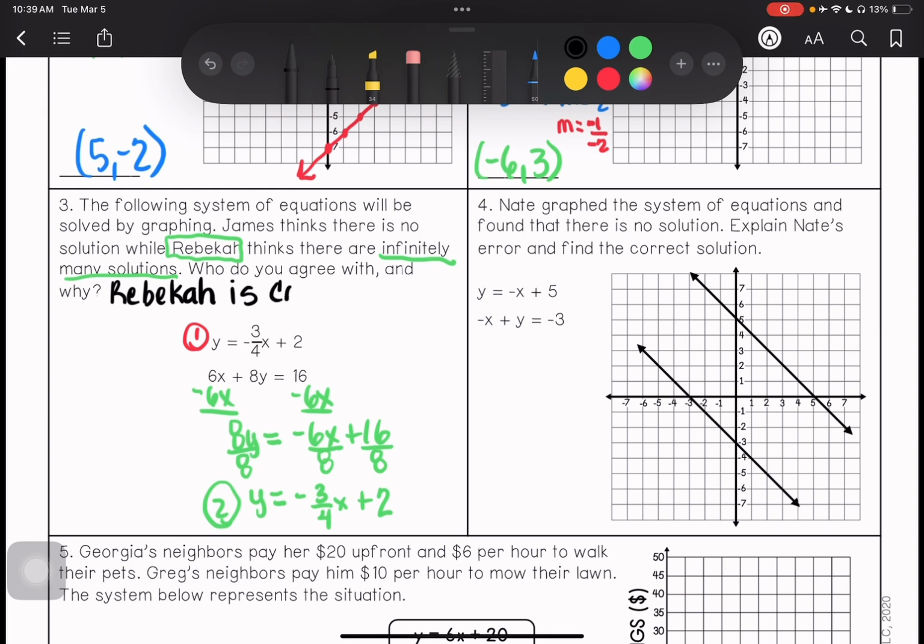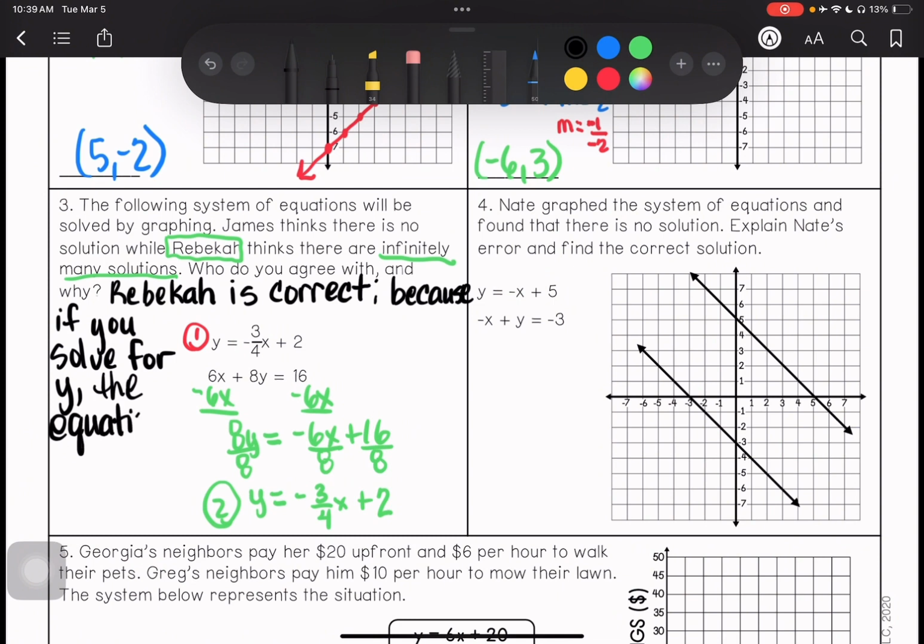I say Rebecca is correct because if you solve for y, both equations are the same.